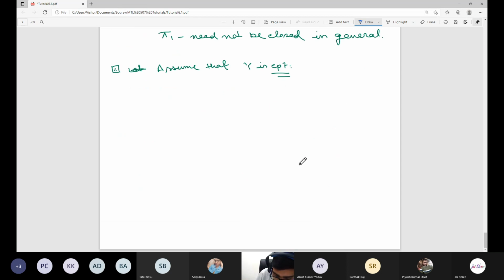Suppose we have to prove that all the closure points are inside, right? That means if we take a point from outside, that point should not be a closure point of that set.